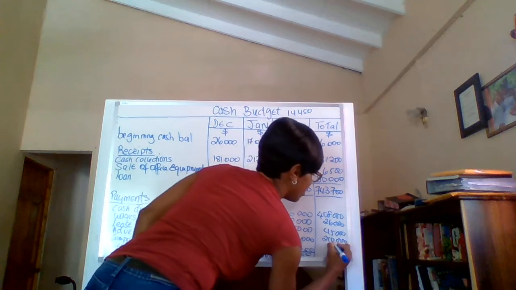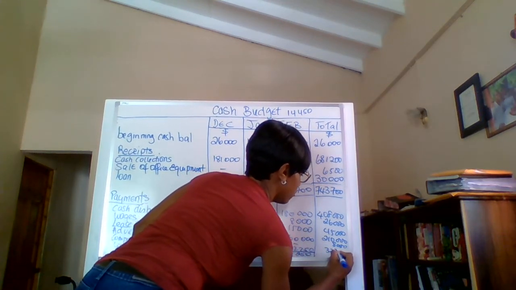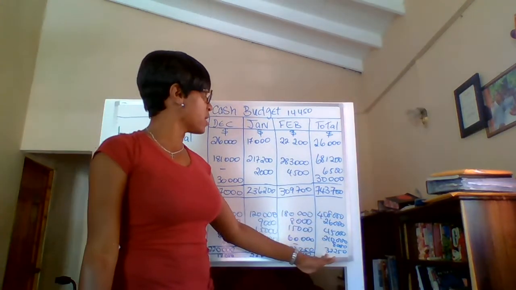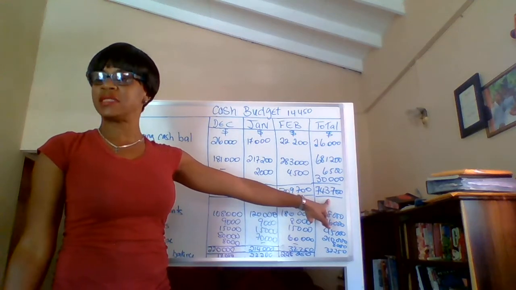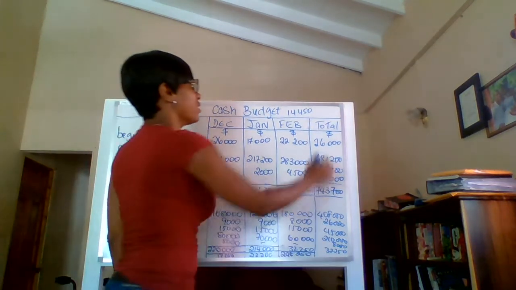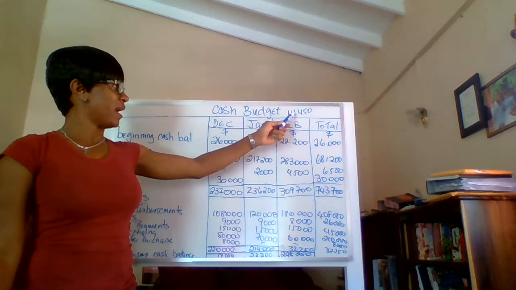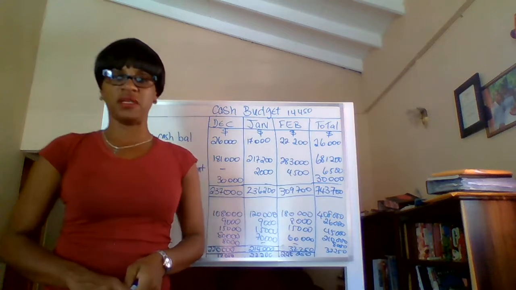And we have $8,000 for the computer purchase and $32,250 in the loan repayment. Okay, if we add everything here and we subtract it from $743,700, we should get the very same ending cash balance in February of $14,450.